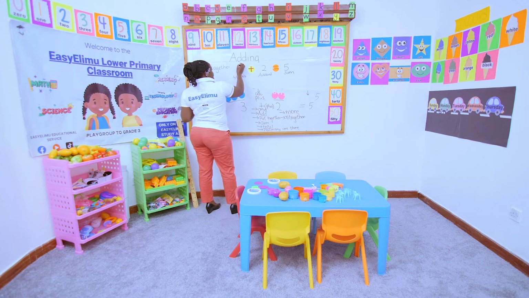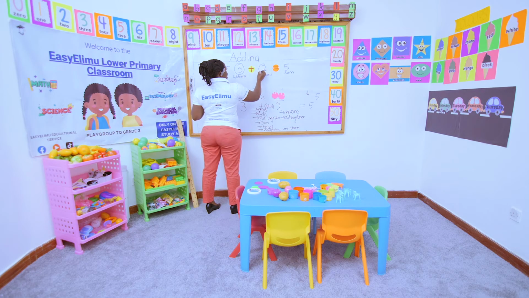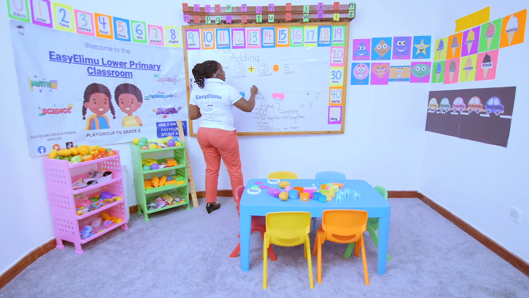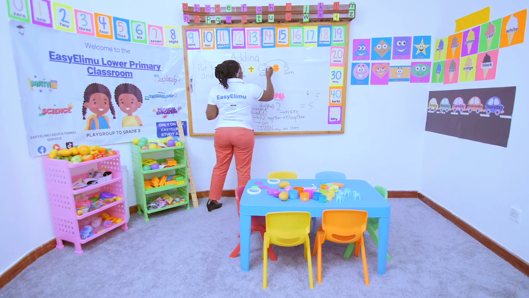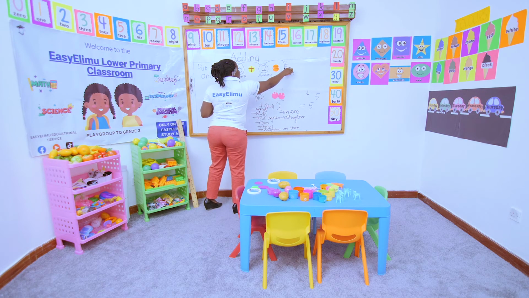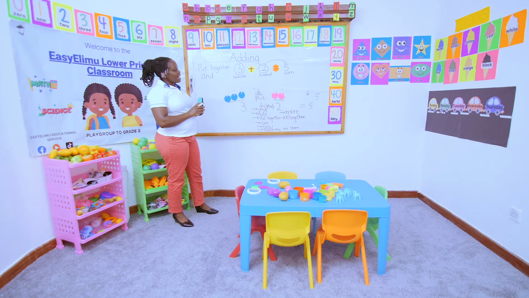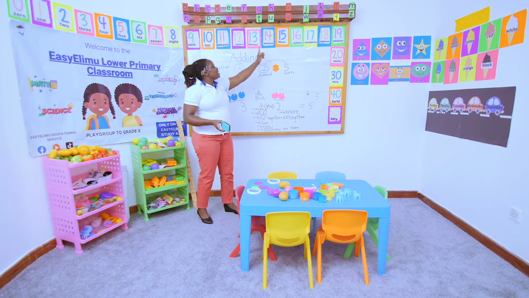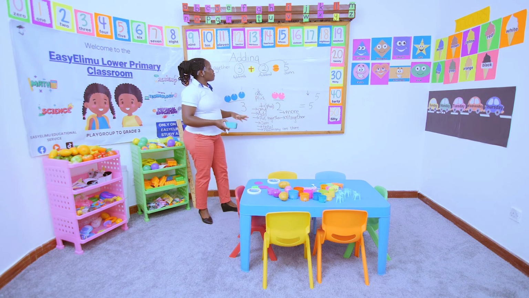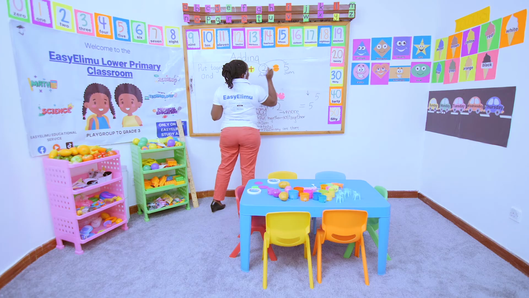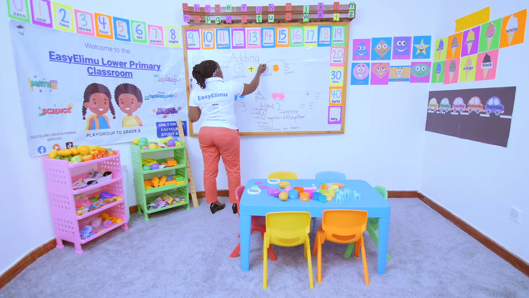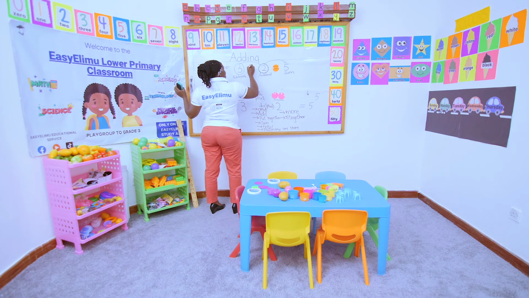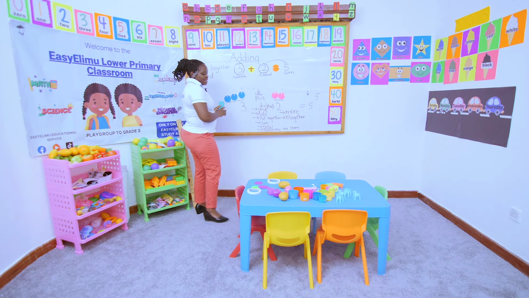Meaning, when I count the items on this side, before the equal sign, it should be the same as the items on the other side, after the equal sign. So when I add 3 and 2, they should give me 5. The same way, if I have 5 items here, I should also make sure that the items on the left hand are equal to the items on the right hand. That is what addition simply means.